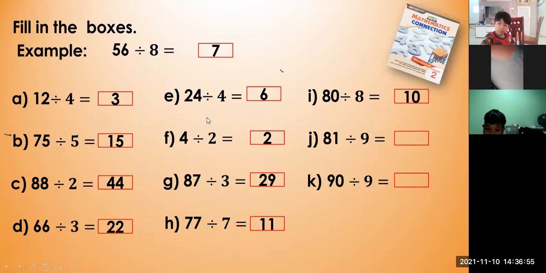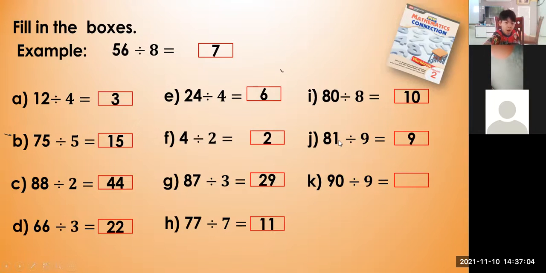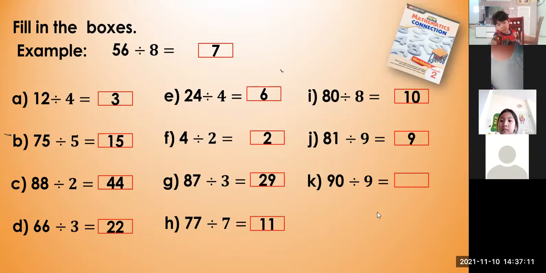Letter J. 9. Because 9 times 9 is 81. 81 divided by 9 is 9. Letter K. Very easy. 10. Okay, that's it. It's very easy, right?